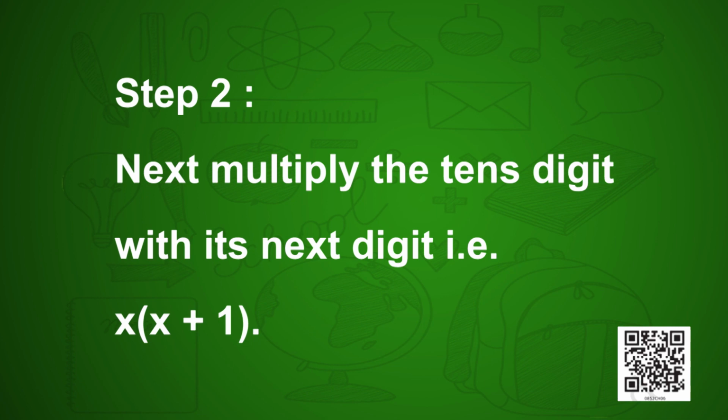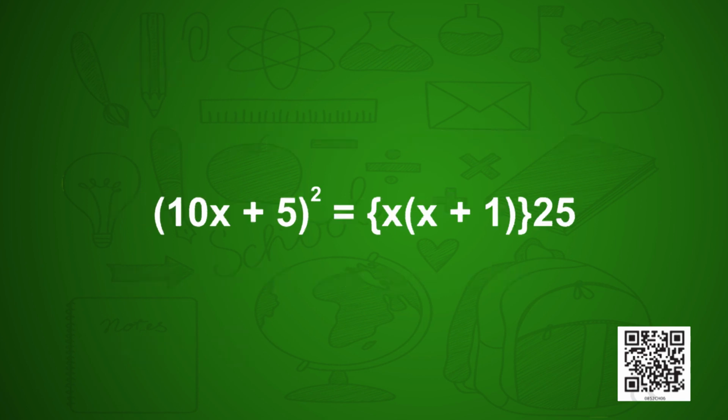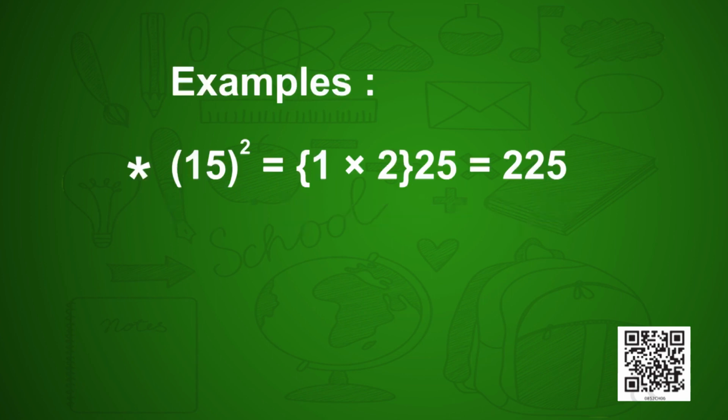Suppose x is our tens digit, its next number will be x plus 1. As step 3, in the final answer, the last 2 digits will be 25 and the digits before them are given by x times (x plus 1). So, therefore, we have (10x plus 5) whole square equal to x(x plus 1)25, written digit-wise. Let us try some examples for this.